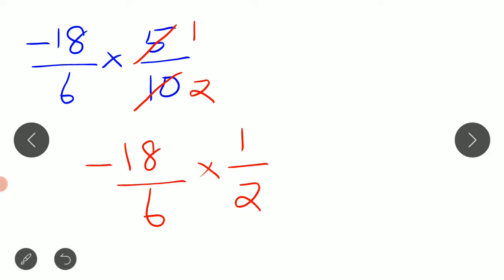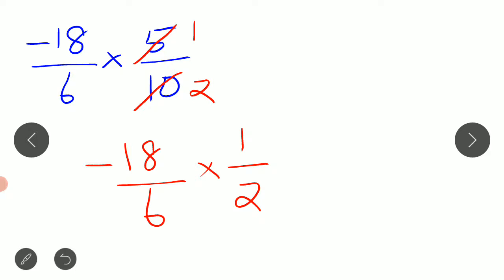If you would like to take 18 and 2, numerator 18, denominator 2, that is also possible because both have common factor 2. Any one pair you have to take, either 18 and 2 or 18 and 6. Anyhow, finally you will get the correct answer.